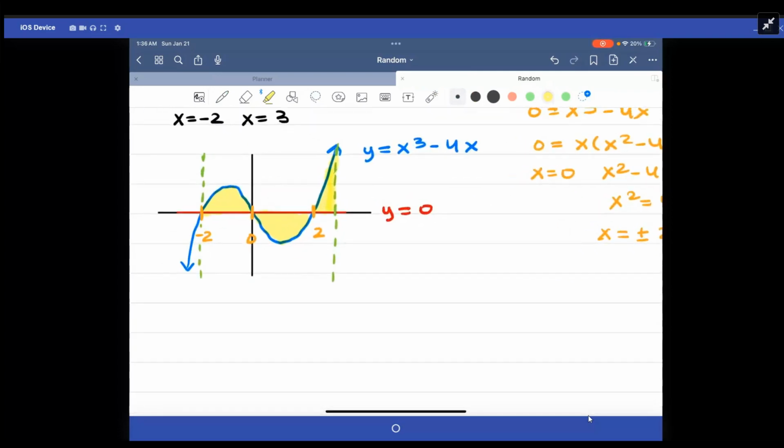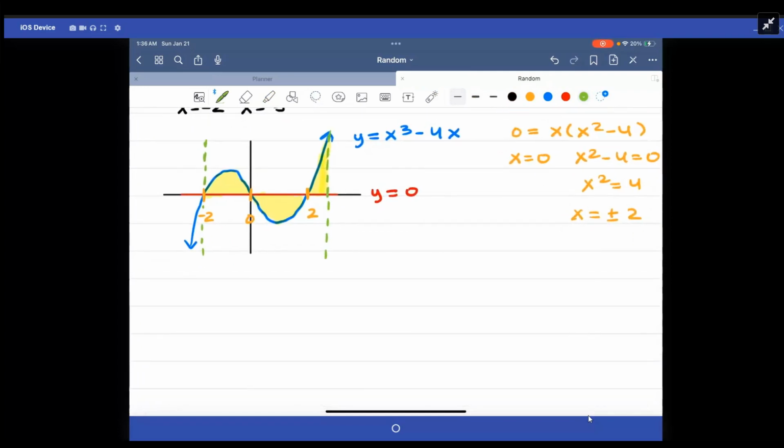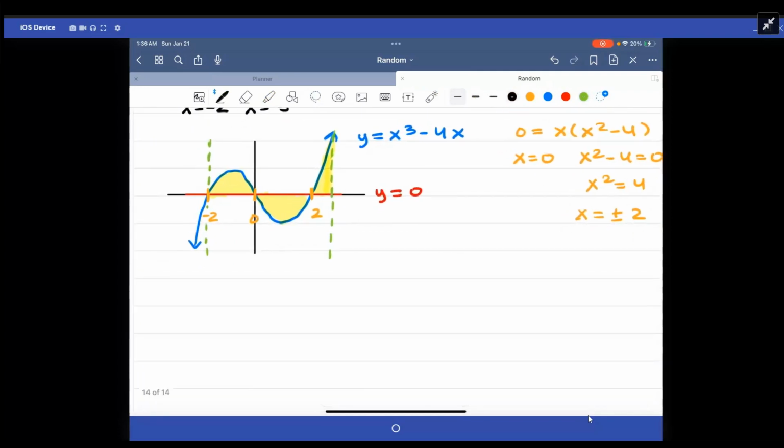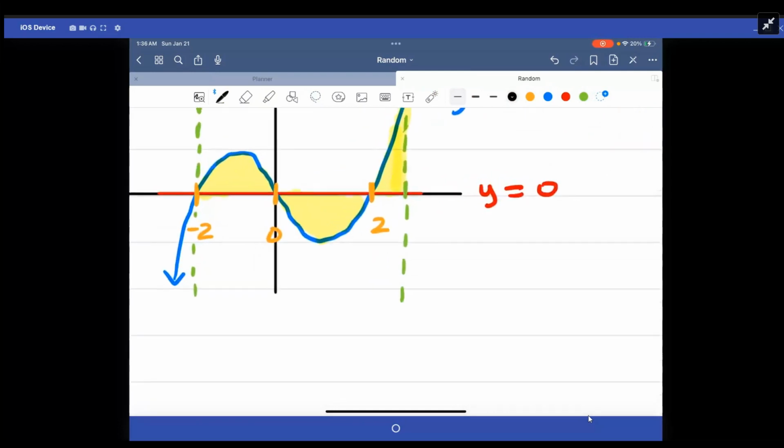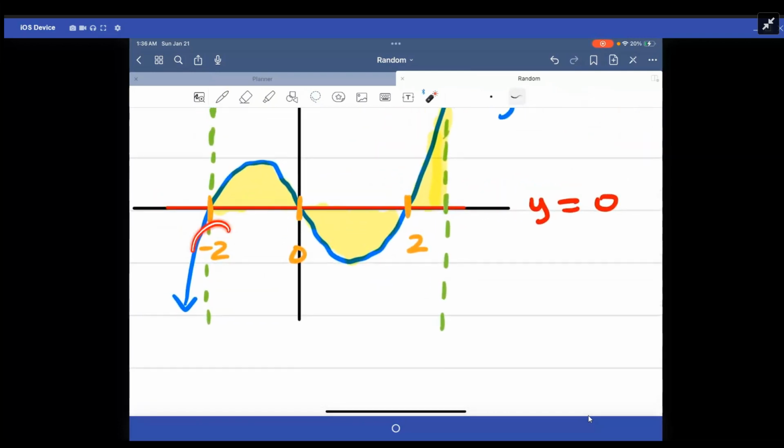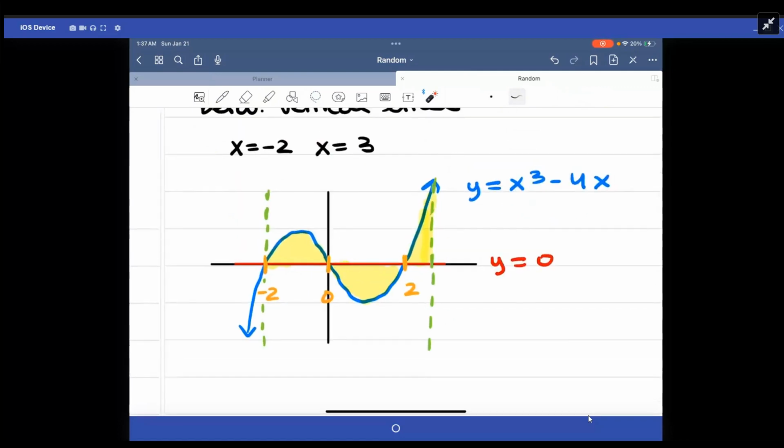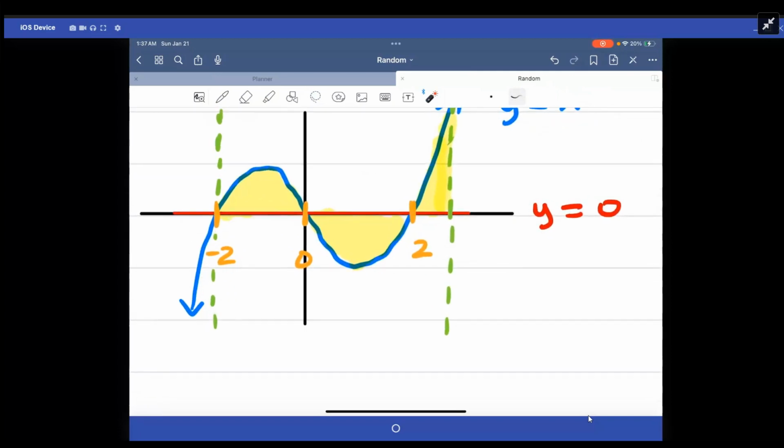So in total, we're going to have 3 integrals. This is why we want to draw it. So let's start off with the first integral. We have it from -2 to 0. Now remember, when you're finding the area between two lines, you want to take the top line, which is x cubed minus 4x, and subtract the bottom line, which is y equals 0.